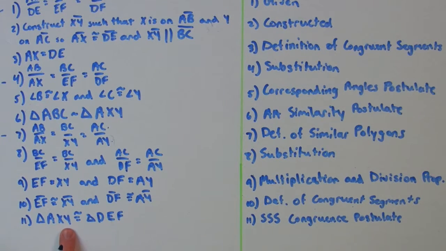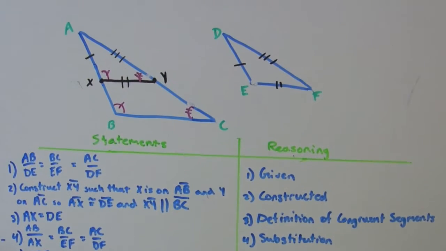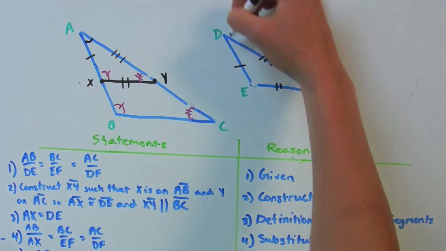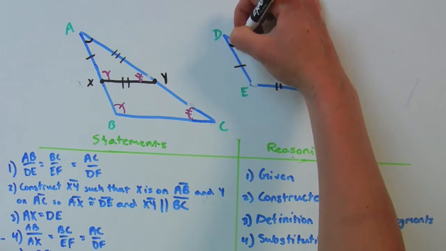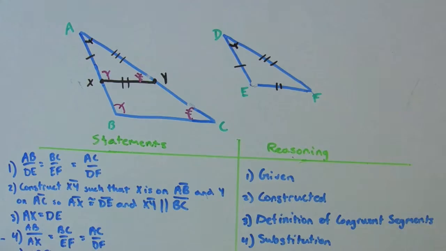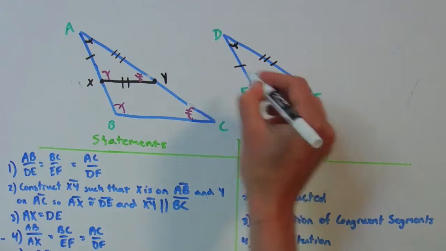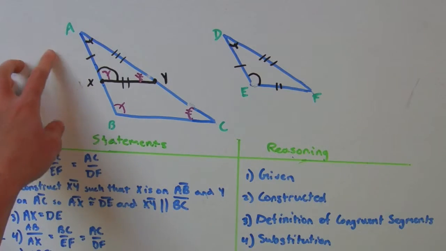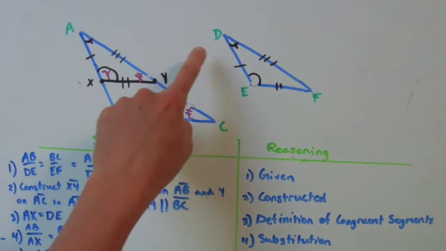So triangle AXY is congruent to triangle DEF, and we know that the corresponding parts of those congruent triangles are congruent. Looking at our picture again, we can say that angle A is congruent to angle D, and we can also say that angle E is congruent to angle X, because triangle AXY is congruent to triangle DEF.